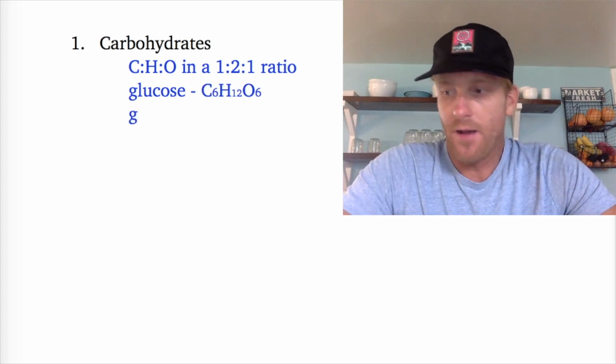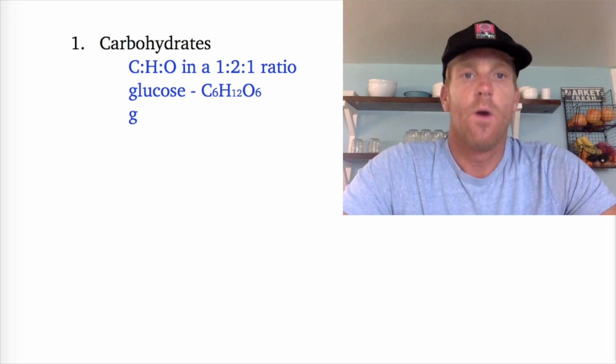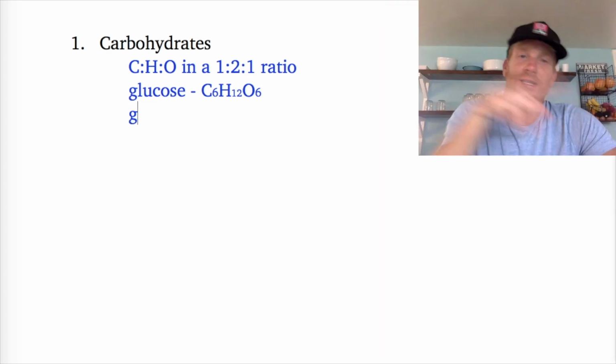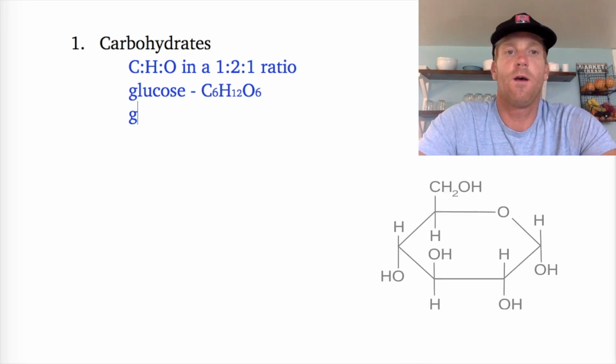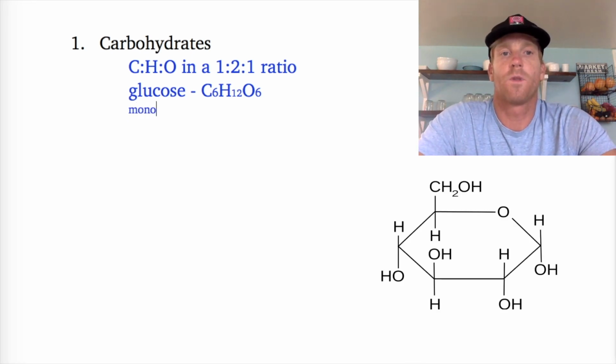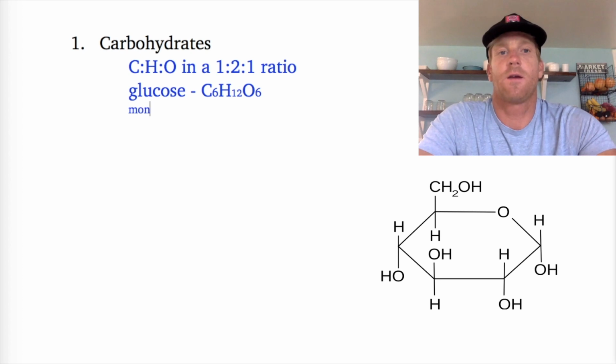A couple things about carbohydrates. They come in different forms. A simple sugar, such as glucose, exists as a single ring of carbon molecules. A single ring of these carbon molecules stuck together is called a monosaccharide.